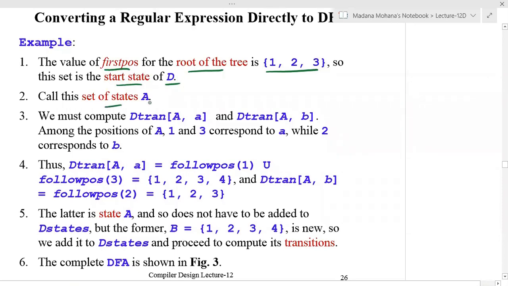So you can call it set A. Now you can find the transitions for input a and input b. This can be represented as Dtran[A, a] and Dtran[A, b]. These can be calculated from the positions that correspond to input symbol a and input symbol b.